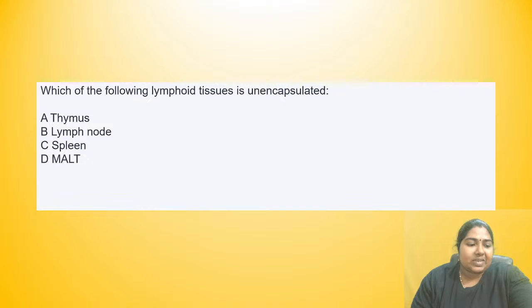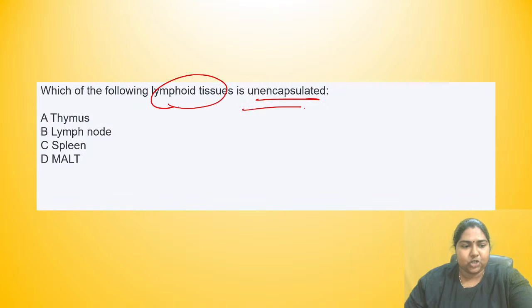Fine. And the next question is about unencapsulated lymphoid tissues. All are lymphoid tissues, but they have asked which of the following is an unencapsulated lymphoid tissue. It is none other than MALT. Very good.